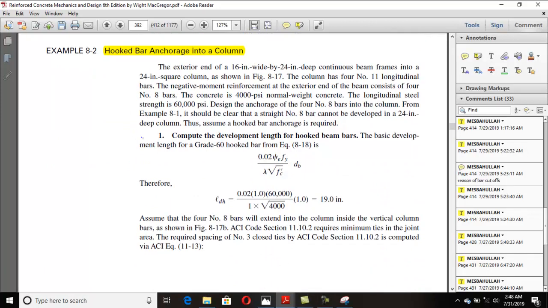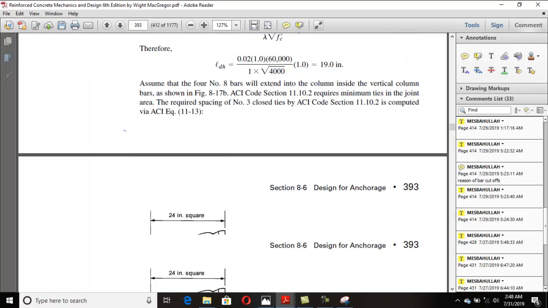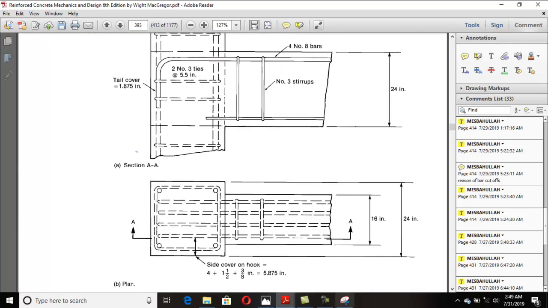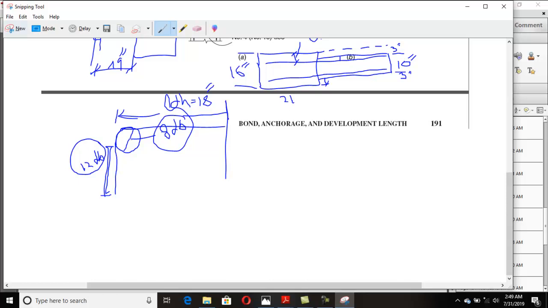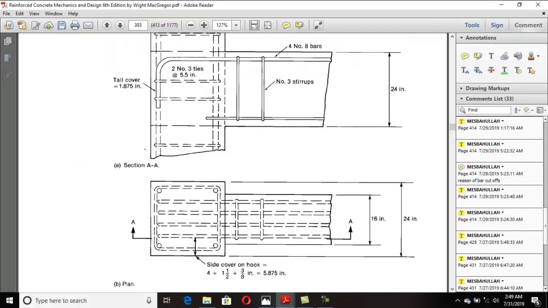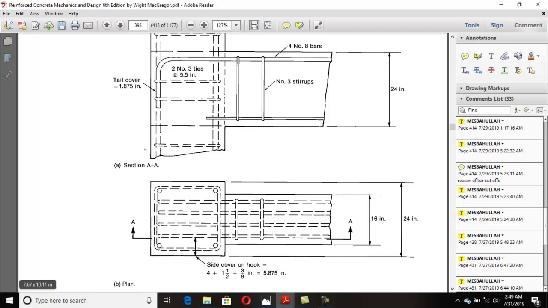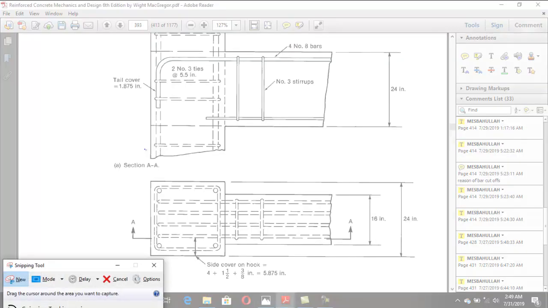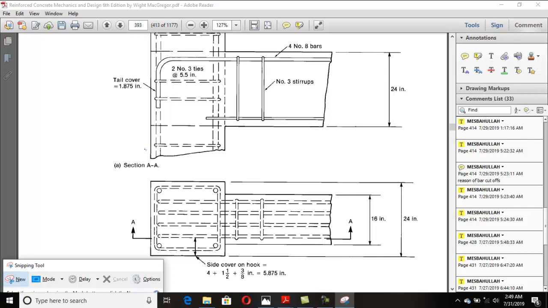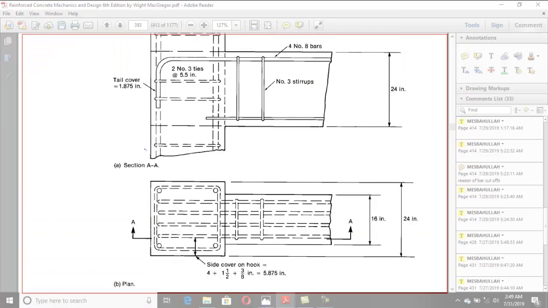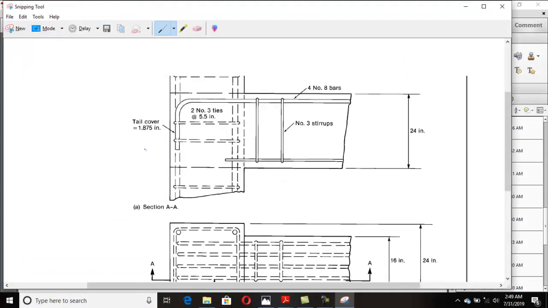This is a quite simple example, the whole diagram is given by snap it. Okay, so this is the diagram.